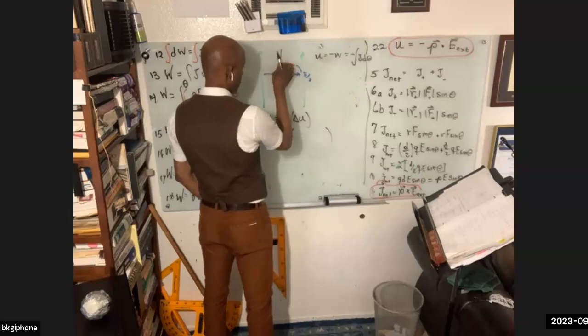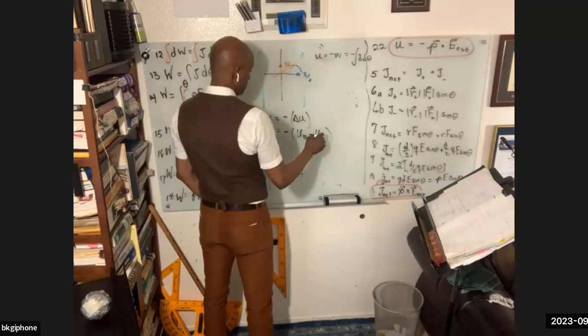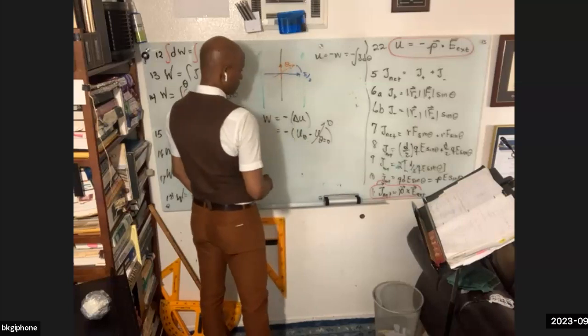if I were here and I rotated it to here, that would be U at theta minus U at theta equals zero, which we call zero.